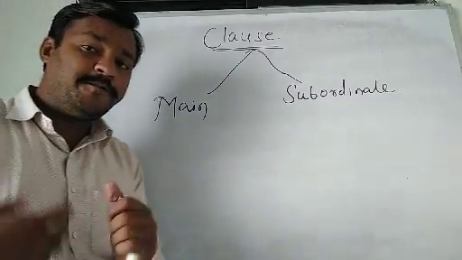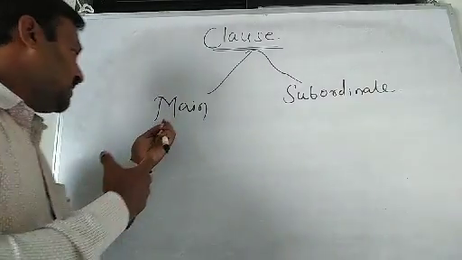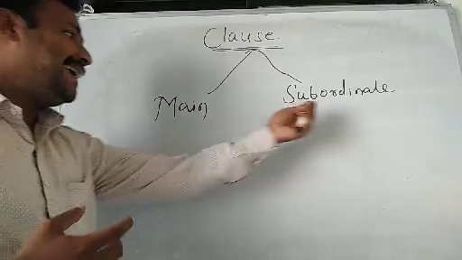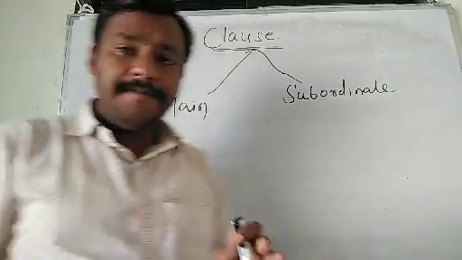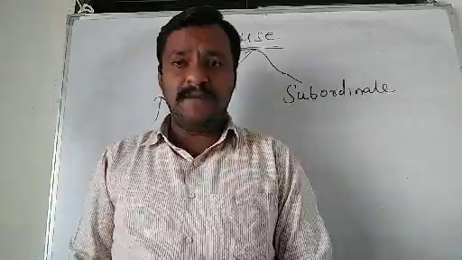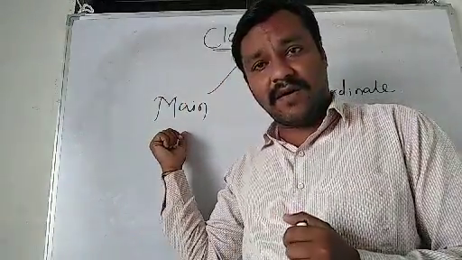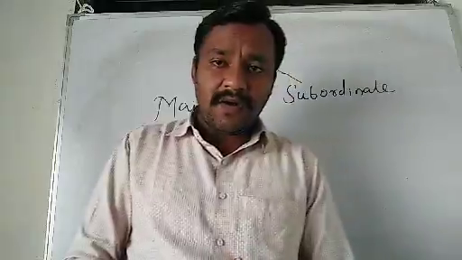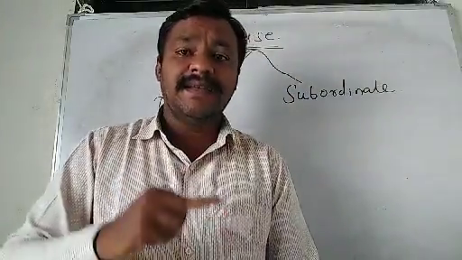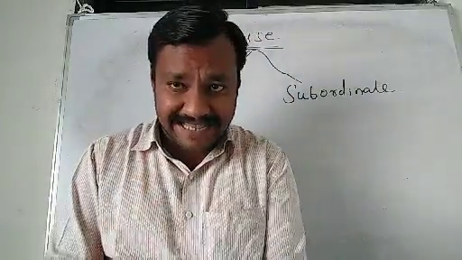There are two types of clause. First one, main clause. Second one, subordinate clause. This main clause is also called a principal clause. This main clause is also called an independent clause. Principal clause, main clause, independent clause, they are the same.